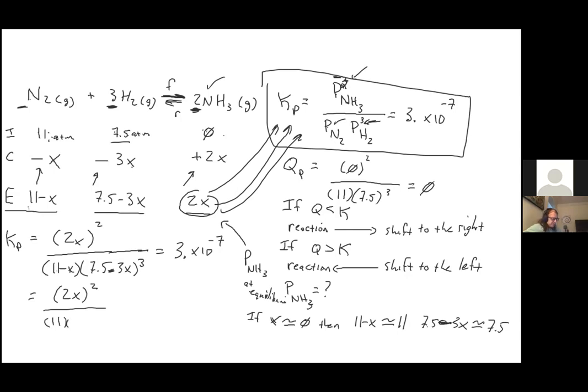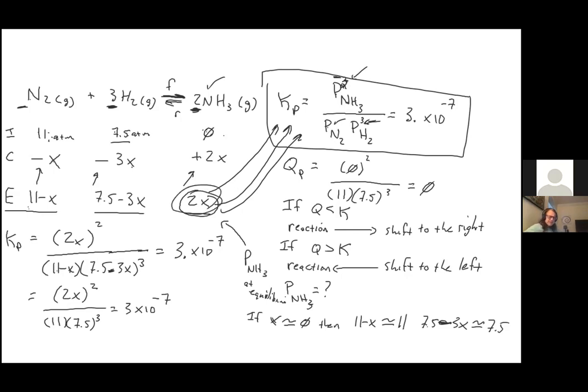If 7.5 minus 3x is just equal to 7.5, I can just put 7.5 cubed there. Now that's equal to 3 times 10 to the minus 7. Now we can solve for 2x. We just need to have 2x, which is the ammonia concentration at equilibrium.